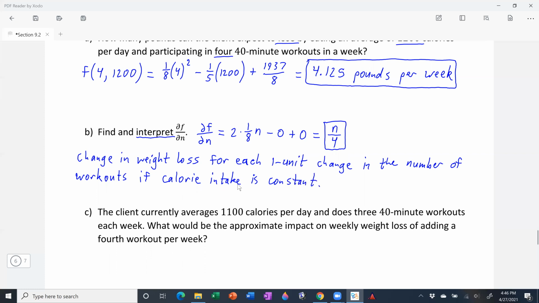That's probably a good sentence that sums it all up: the change in weight loss for each 1 unit change in the number of workouts. So you increase the workouts, then you get a certain expected weight loss if we hold the calorie intake constant.